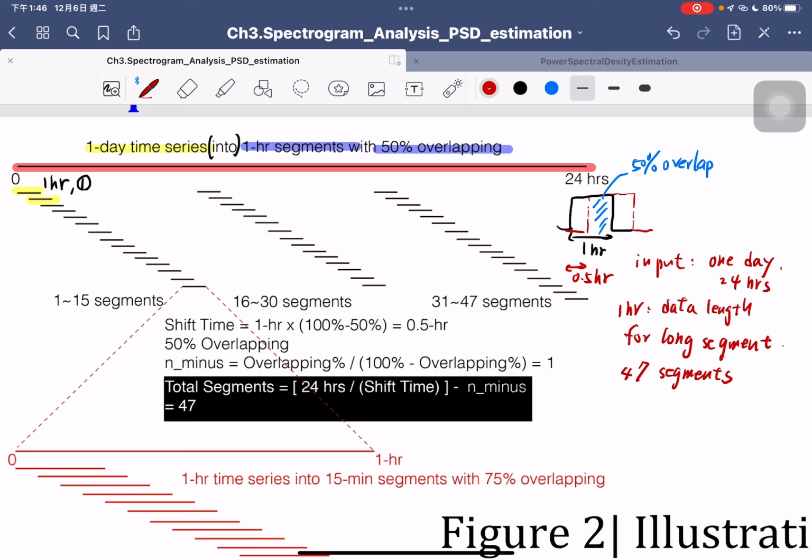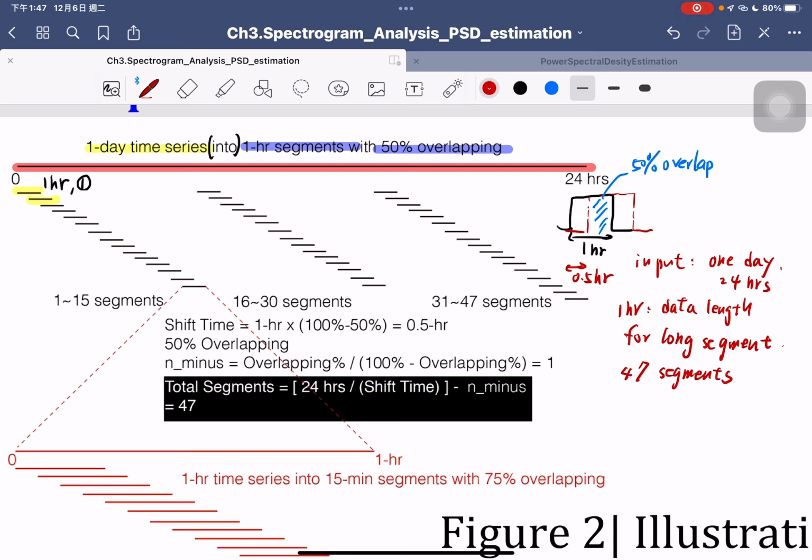So the 1 hour is our long segment window, and each 1 hour, I also cut into 15 minutes segments. Okay, so for each 1 hour, I also cut the 1 hour's time series into 15 minute segments.